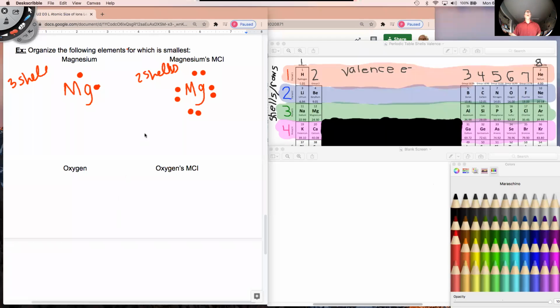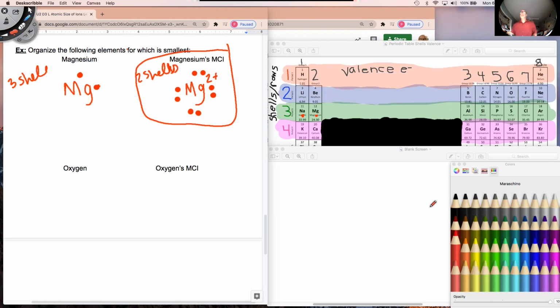So which is smallest? The one with 2 shells. So the magnesium most common ion, this Mg2 plus charge, is going to be the smaller of the 2 because it's going to lose these last 2 electrons, thus moving on to the 2nd shell.